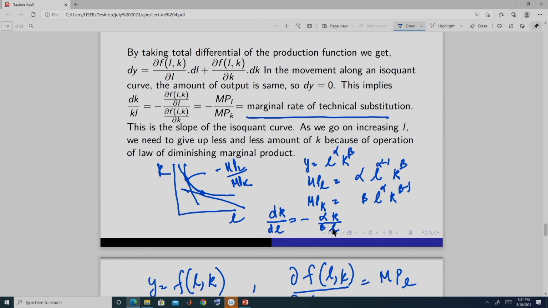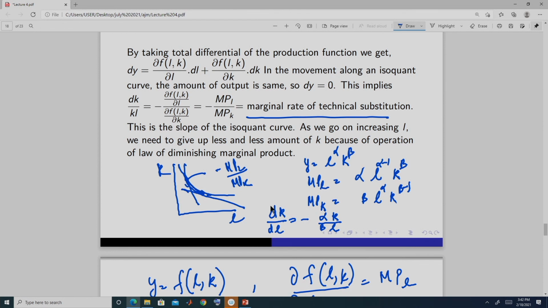As labor goes up and capital goes down as we move here, this ratio is going to be smaller and smaller. Since it is negative, it is going to be a bigger one, but we ignore the negative sign. If we simply look at the absolute value, what do we get?